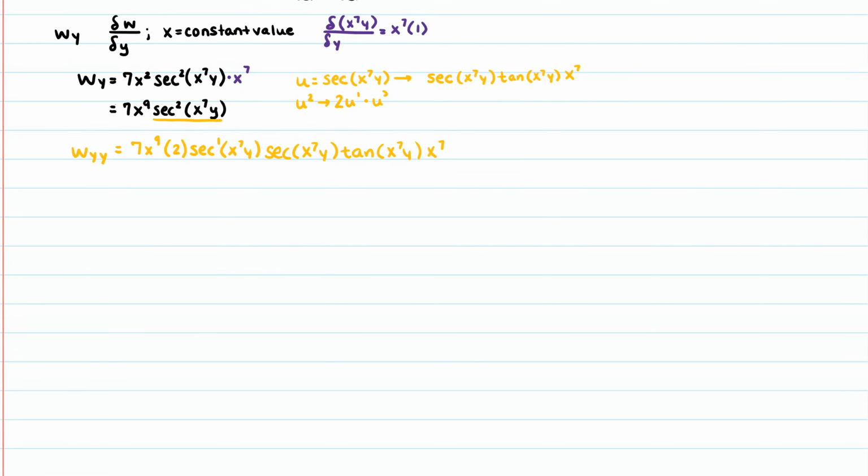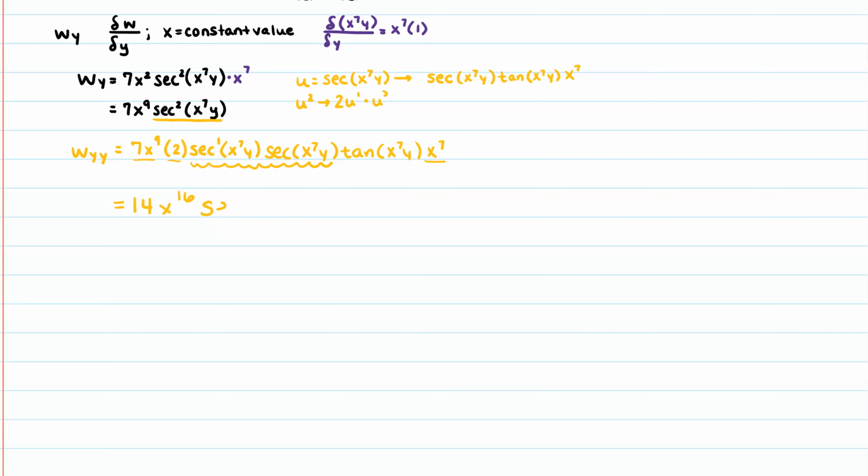So let's see. Not inside of a secant, I've got a 7x to the 9, a 2, and an x to the 7. So that makes 14, and then x to the 16th. And now I've got a secant of something times secant of that same thing.